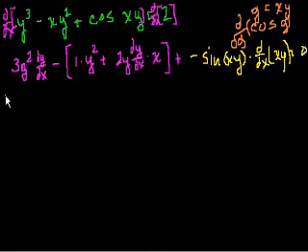So we have 3y. No, I'm confusing myself with my bad penmanship. All that talk of g got me confused. 3y squared dy dx. Minus y squared.